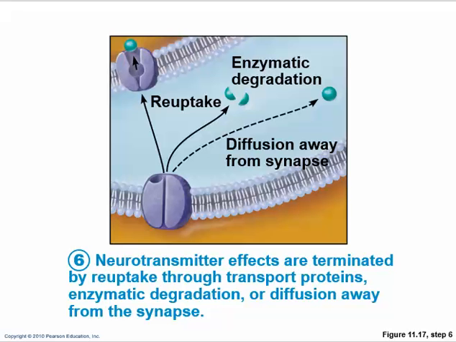Then the neurotransmitter has to be either taken back into the presynaptic cell, or diffuse away, or be broken down. In the case of acetylcholine in a neuromuscular junction, it's broken down by acetylcholinesterase.